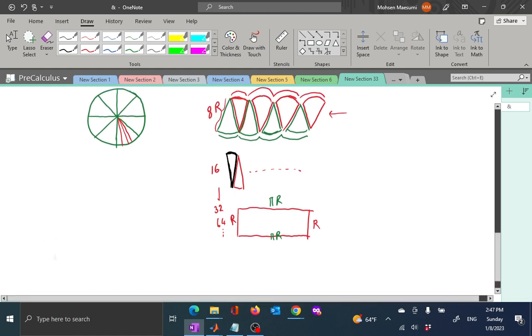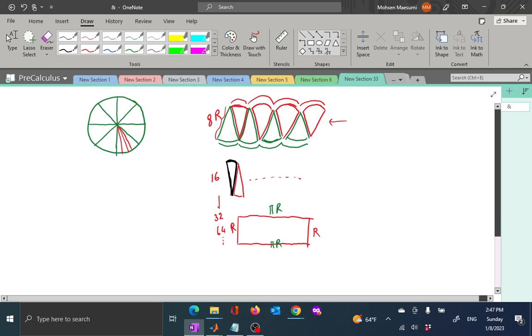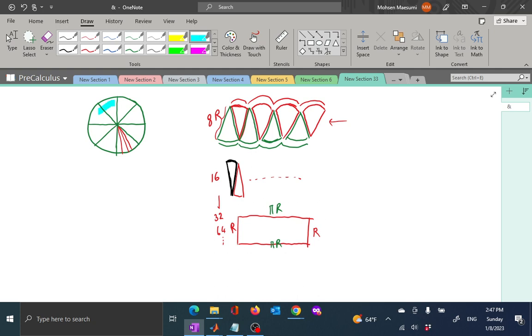When you're cutting the pizza and rearranging it like this, you are not eating any of it, are you? So what happens if you're not eating it? How much pizza you had here, which is the area of the pizza, you still have it here. The areas are the same.